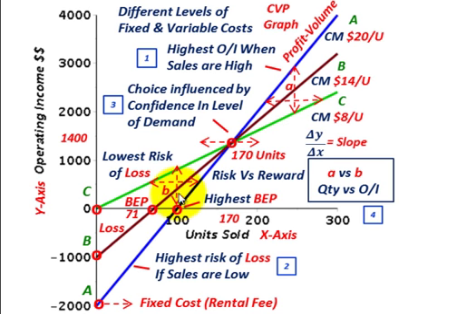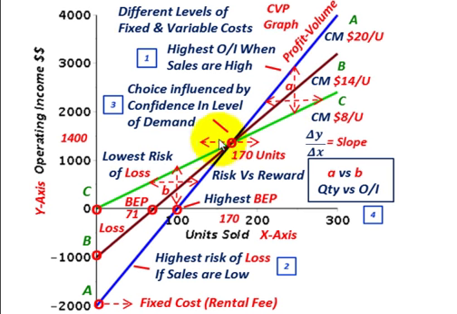Okay, so really what we're looking at is risk versus reward. If you're taking a risk by thinking that you can sell more than 170 units, you're going to be rewarded by going with option A for that rental agreement versus option C or B. B is sort of in between.